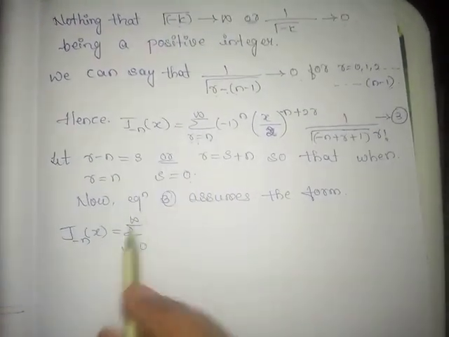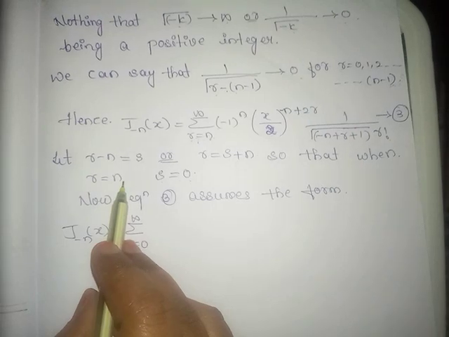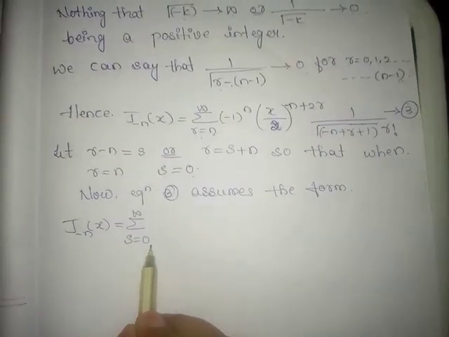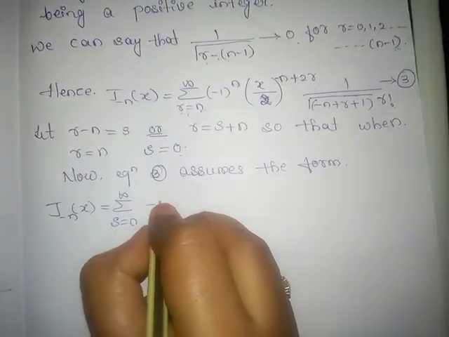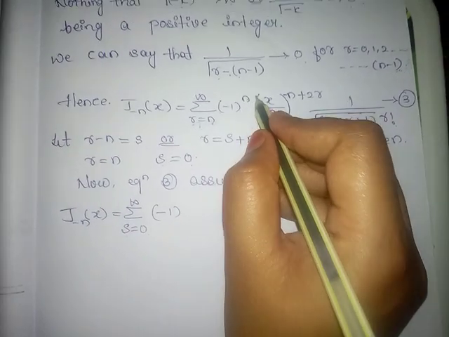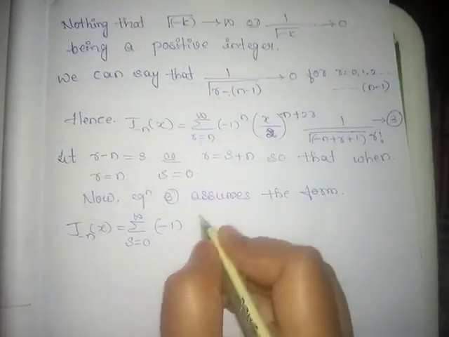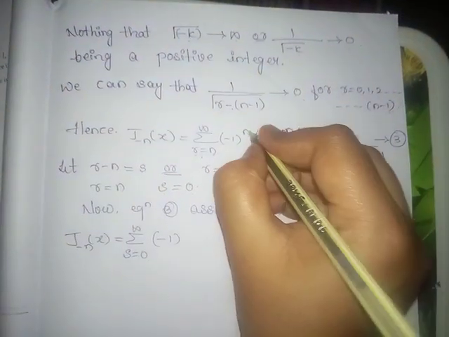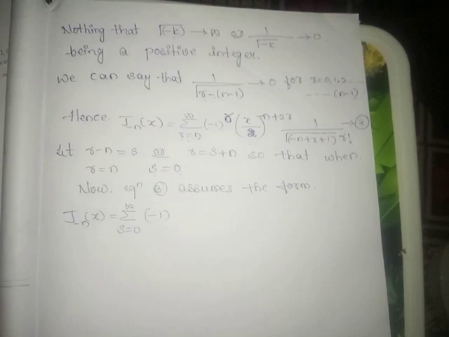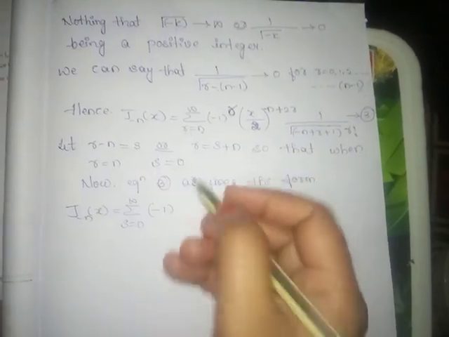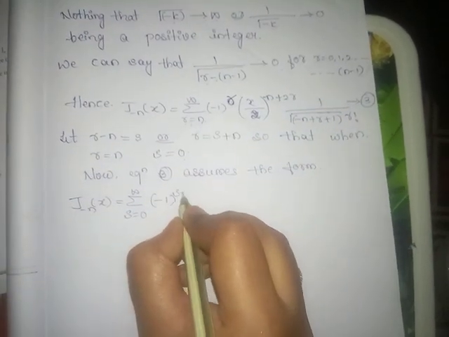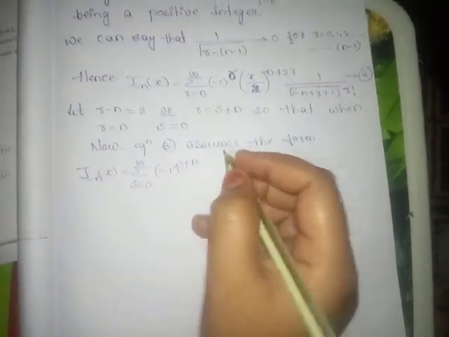According to these assumptions, when r is equal to n, s is equal to 0, so I am taking summation s running from 0 to infinity, minus 1 raised to, sorry, this is not n, this is r. In a hurry I have written it wrong. What is the value of r from this assumption? It is s plus n.